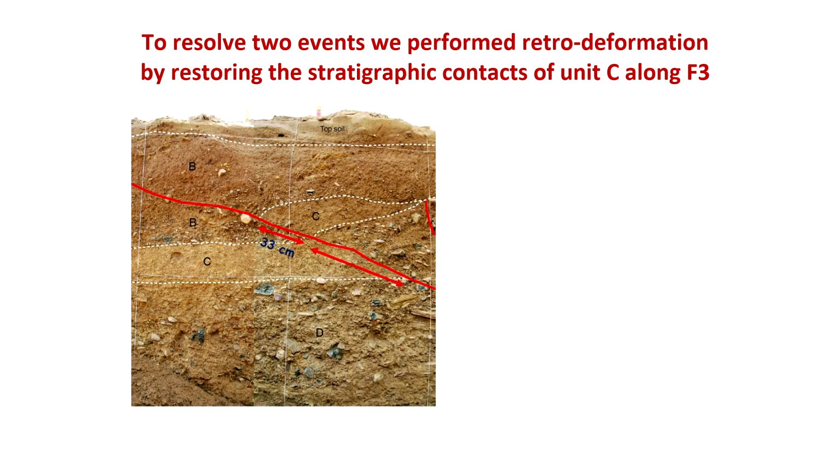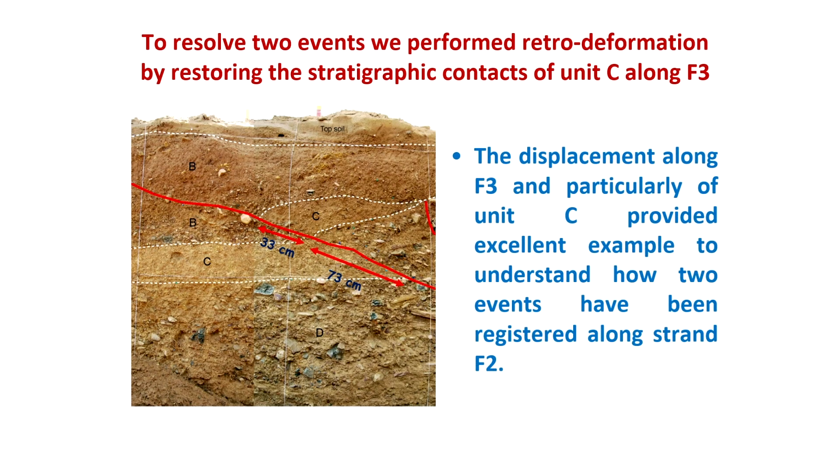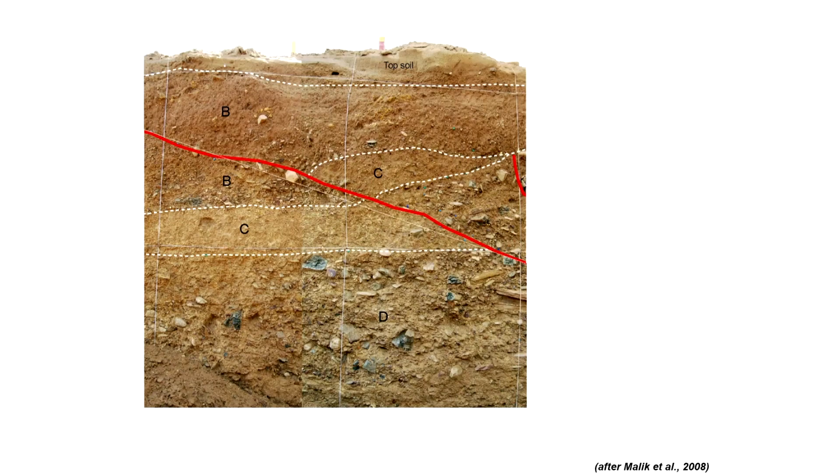To resolve this, we particularly used unit C, and that provided an excellent example. So, let us see what we did with this. We cut and displaced this along this line.